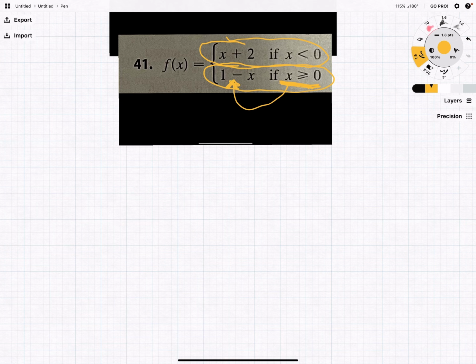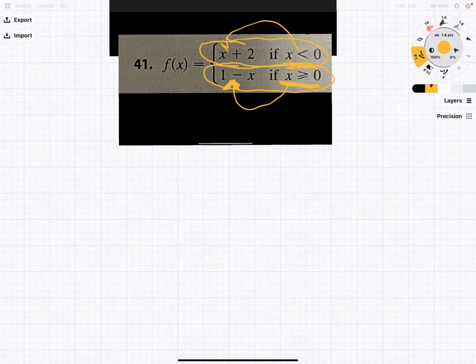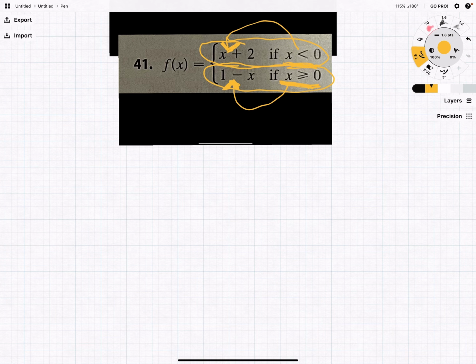Here it says if x is less than 0, then we're going to use x plus 2. So if x equals some negative number, then we'll use x plus 2. And so what that's going to do is probably give us two different looking lines.